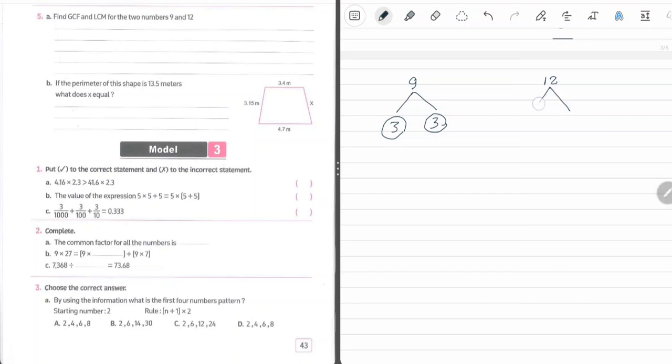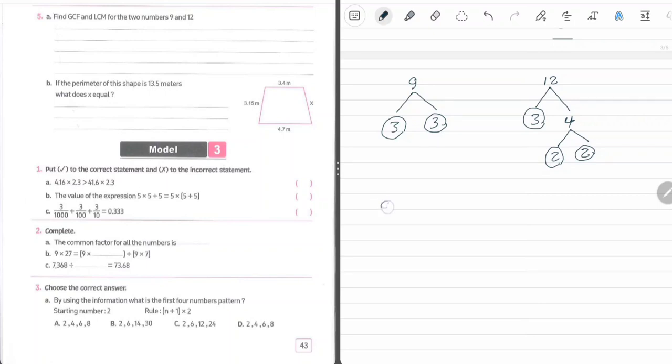And 12. Check. What number to be multiplied by another number to get 12? It will be 3 times 4. 3 is a prime number, but 4 is an even number and not a prime number. The only even and prime number is 2. So we have to factor 4 into its prime factors. So 4 is 2 times 2. 2 is prime and the other 2 is prime.